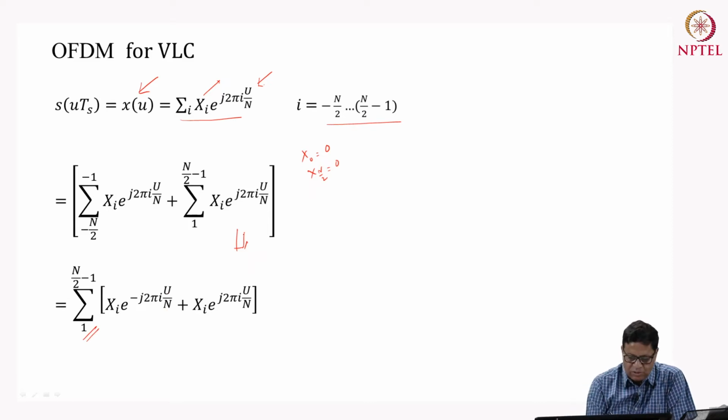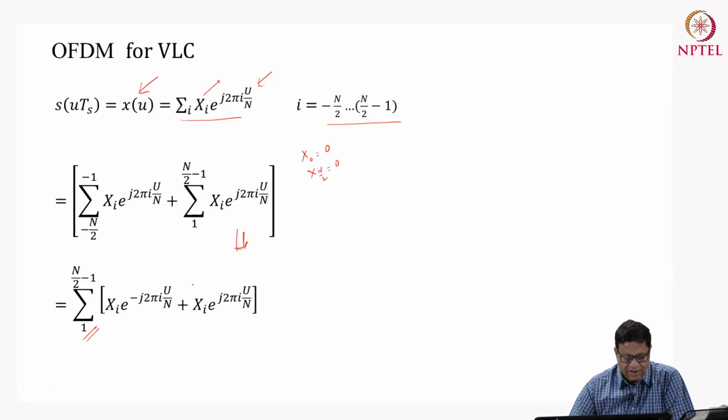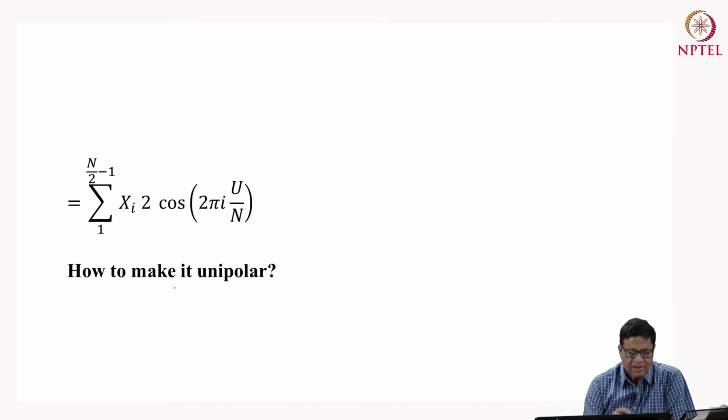So this reduces to this, and if I use the expression for e raised to minus j theta in terms of sine and cos, then what I get is xi 2 cos 2 pi i u by n. So this has become a real value. So these samples have become now real.